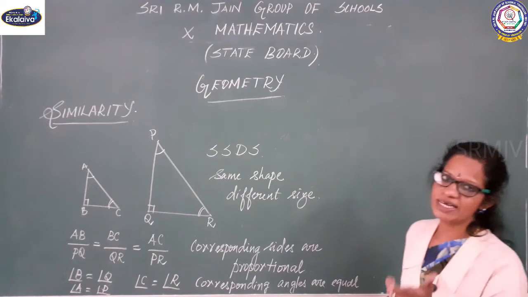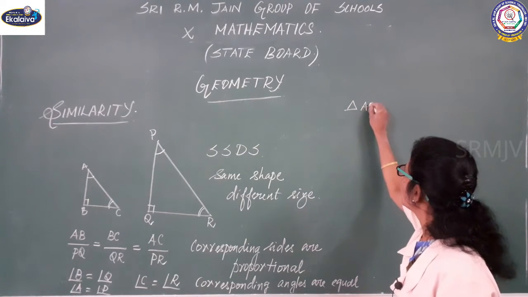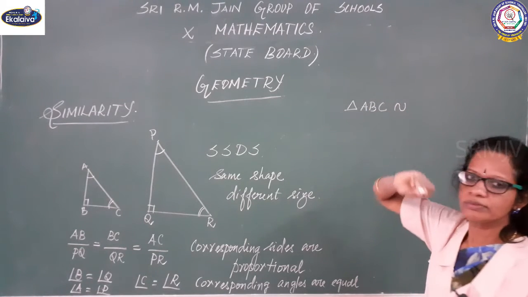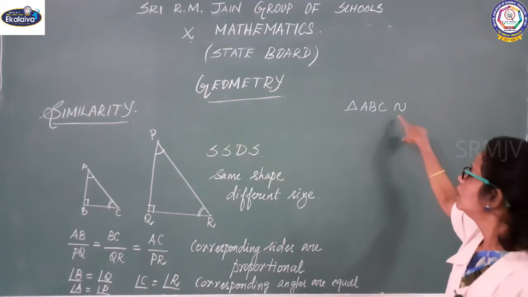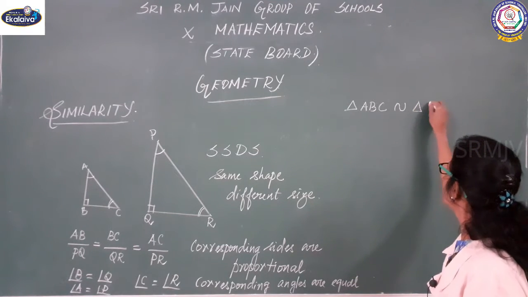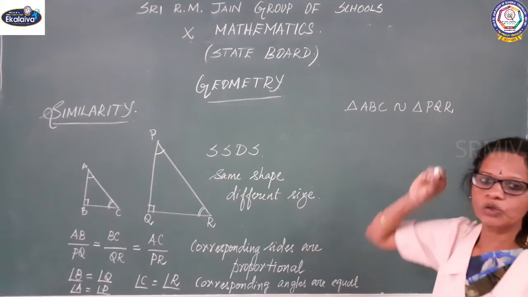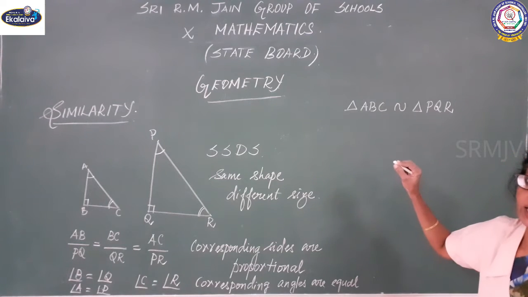How to represent in notation? You see, triangle ABC similar to triangle PQR. This is the notation for similar. You have to be very careful how you are relating the things.